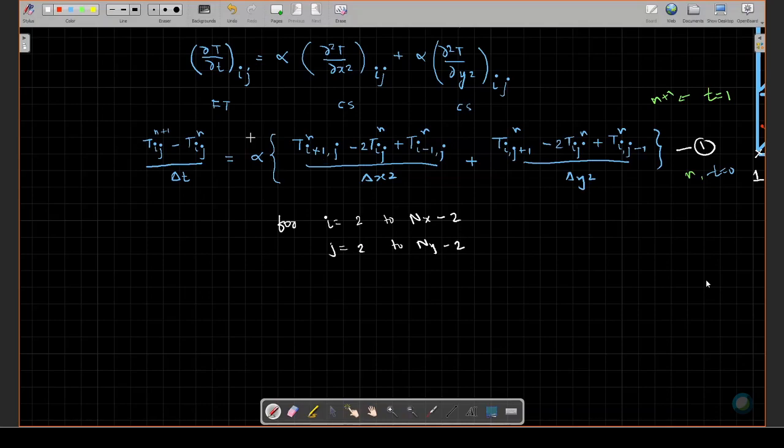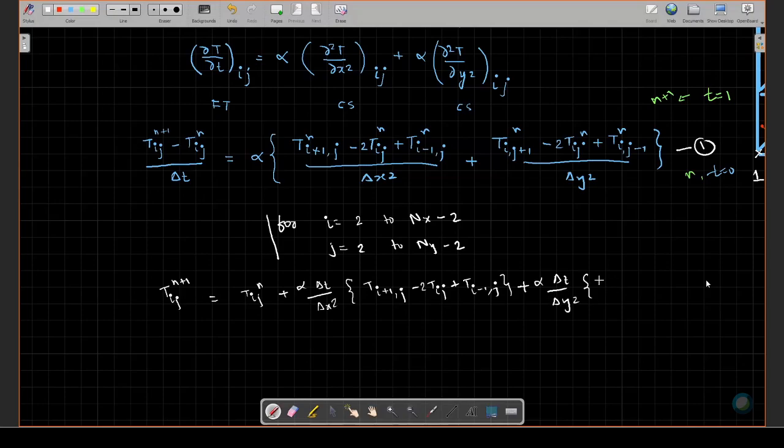You can simplify this equation and write it as Tij n plus 1 is equal to Tij n plus alpha delta t over delta x square times Ti plus 1 j minus 2 Tij plus Ti minus 1 j, and again alpha delta t over delta y square times Tij plus 1 minus 2 Tij plus Tij minus 1.